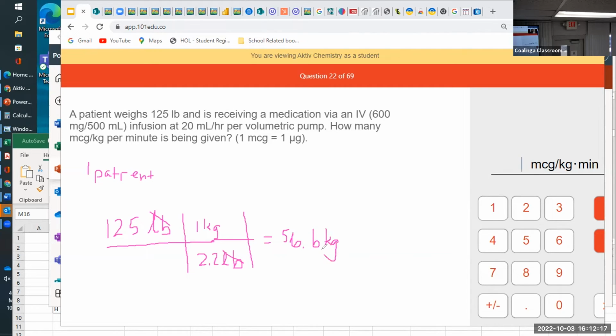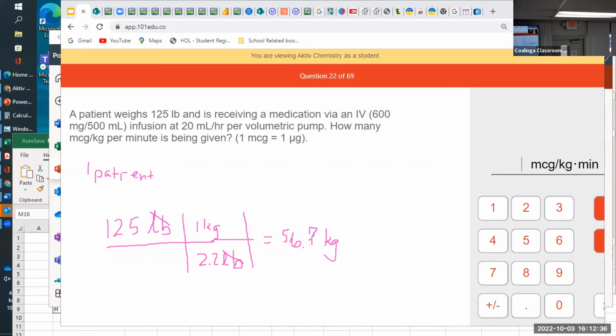Wait, no, it's 56.47, right? Three sig figs, so 56.5.